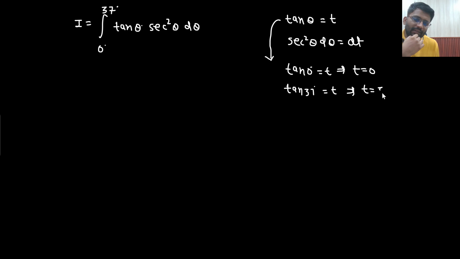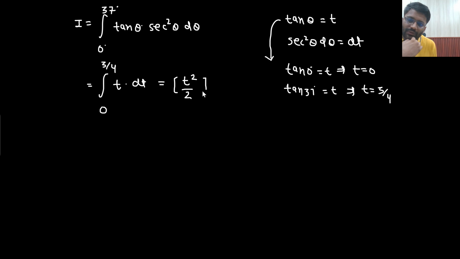That is nothing but 3 by 4. From 0 to 3 by 4 it would go. Tan theta is t, dt. So the answer is coming out to be t square by 2 from 0 to 3 by 4.